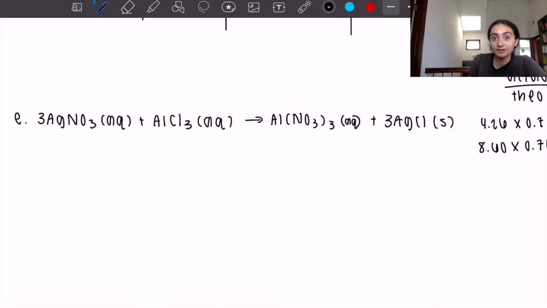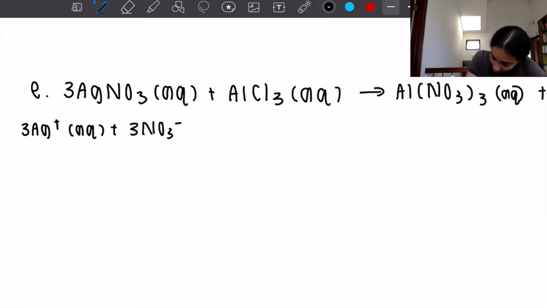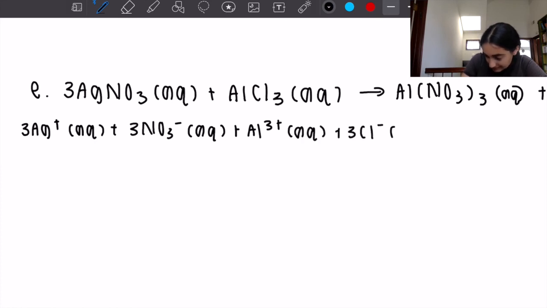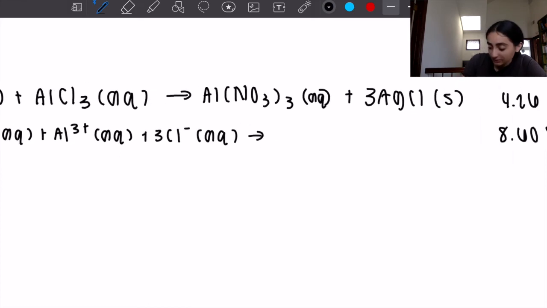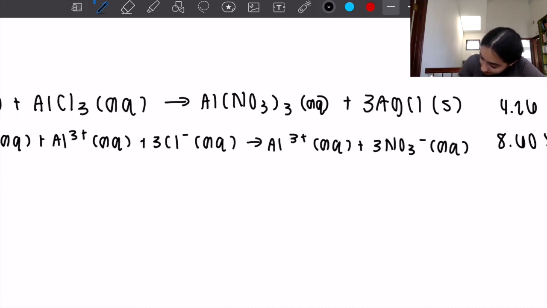So now I'm going to do my complete ionic equation where I dissociate my soluble compounds. So I'm going to have 3Ag+, which is aqueous, plus 3NO3-, which is also aqueous, plus Al3+ plus 3Cl-, is going to yield Al3+ plus 3NO3-, and there's not enough room, I'm just going to write it here.